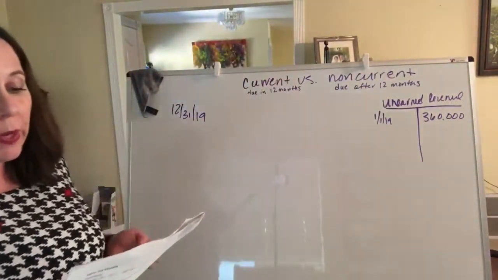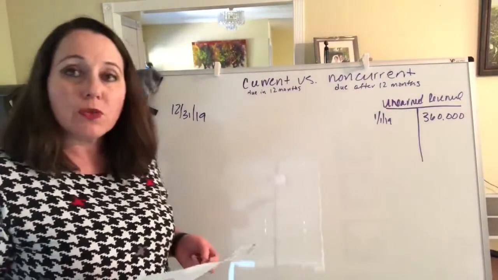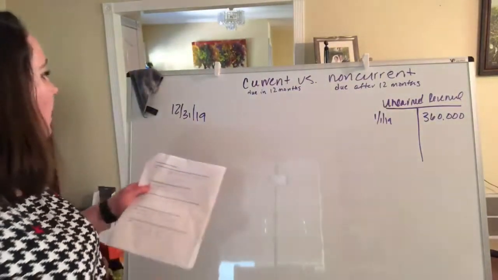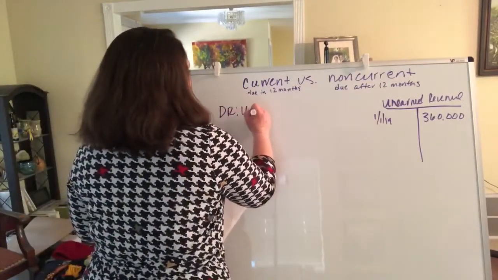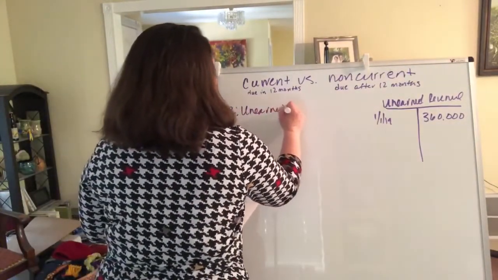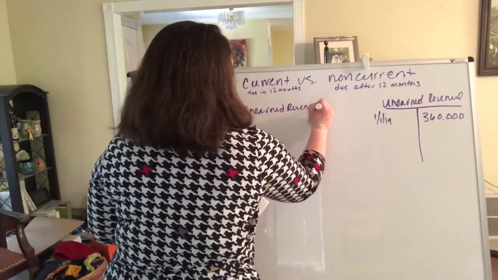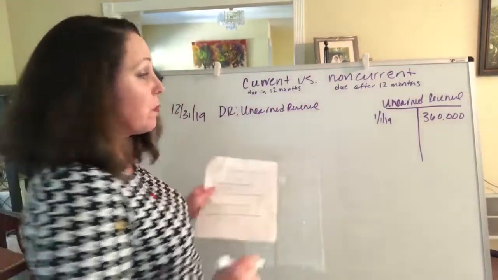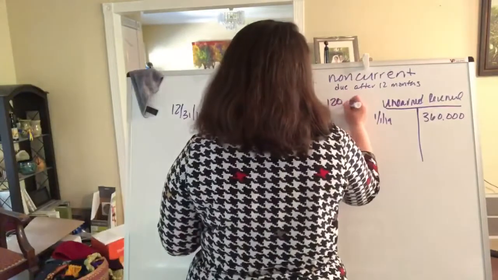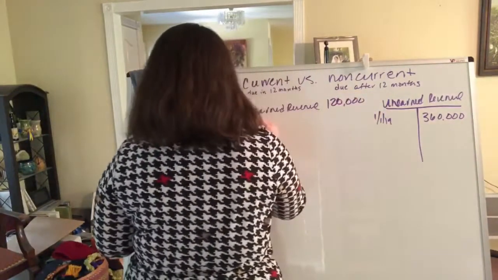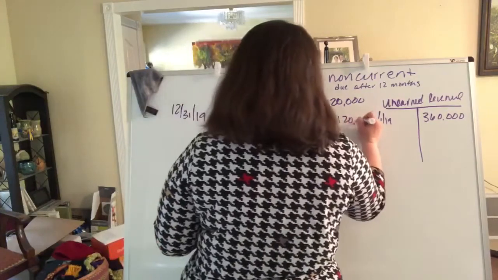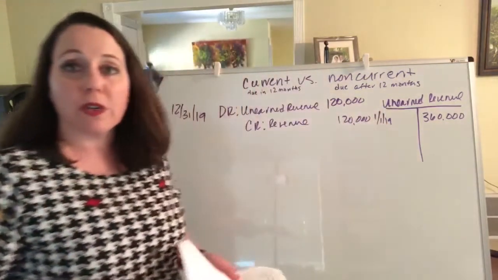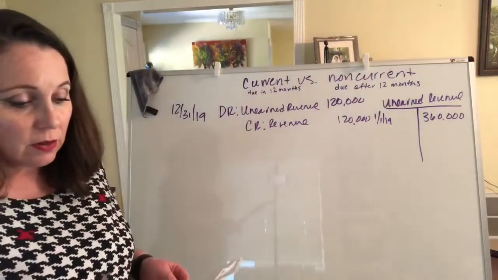Now it's 12/31/19, and we are going to recognize 1 year's worth of revenue. So to do that, we're going to debit unearned revenue for 1 year's worth, which remember we said was $120,000. And we're going to credit revenue for that same $120,000.